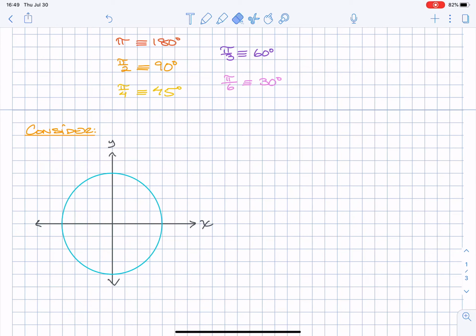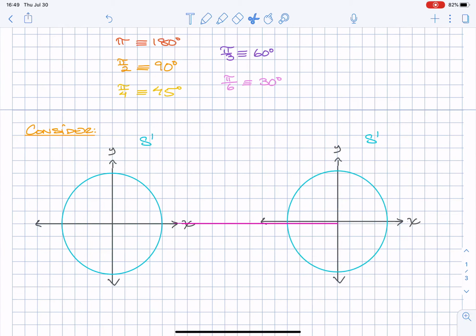There we go, that looks okay. I want to fit two of these side by side. So let's assume that this is my unit circle. I'll copy and paste it over here, so I'll have another one to deal with in a bit.